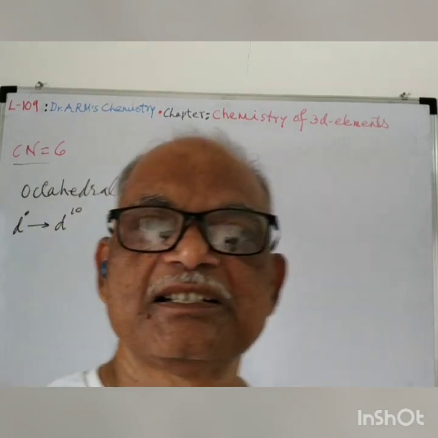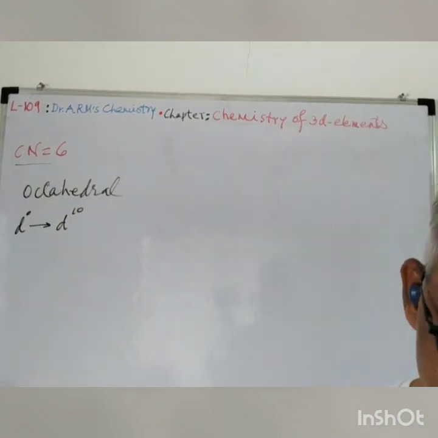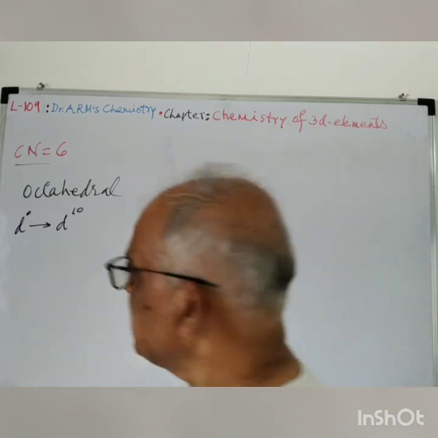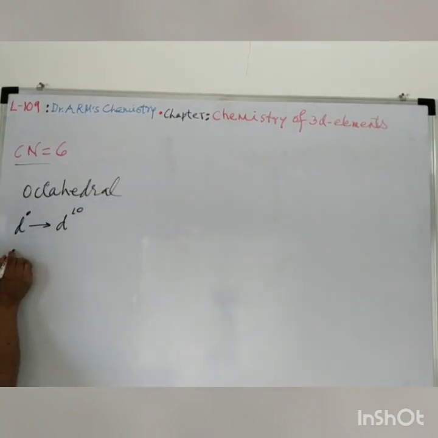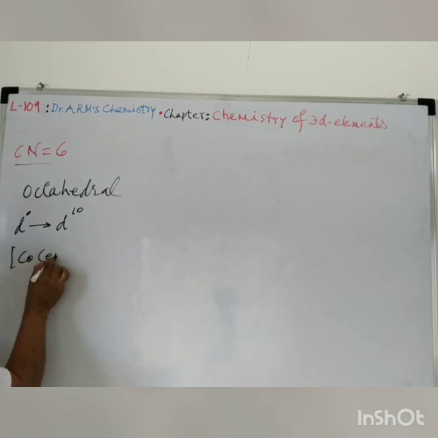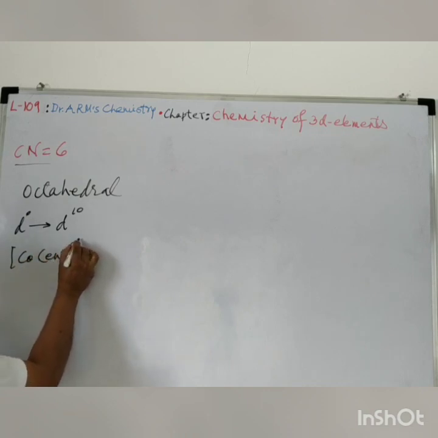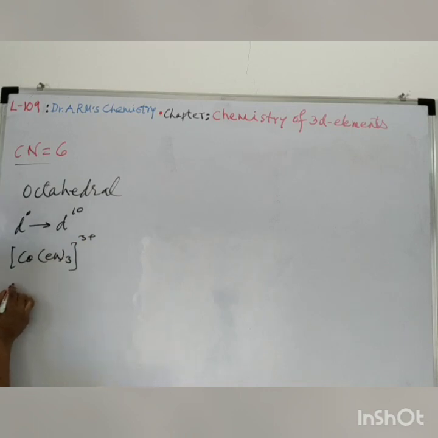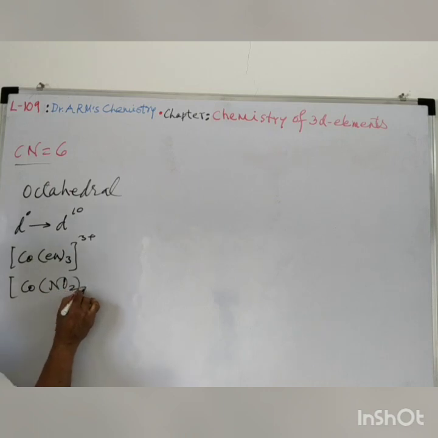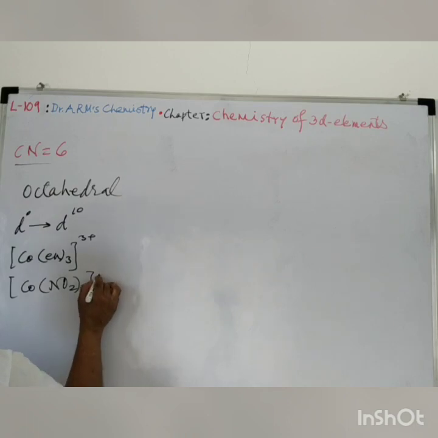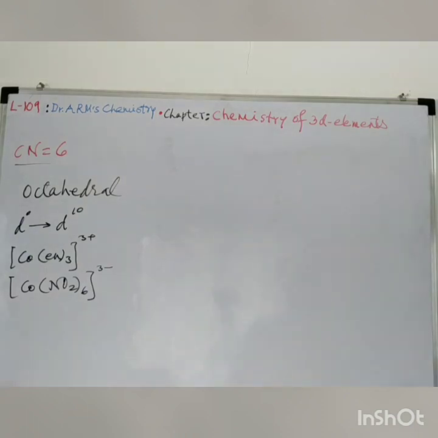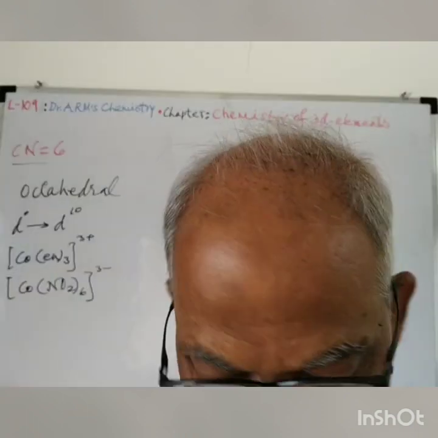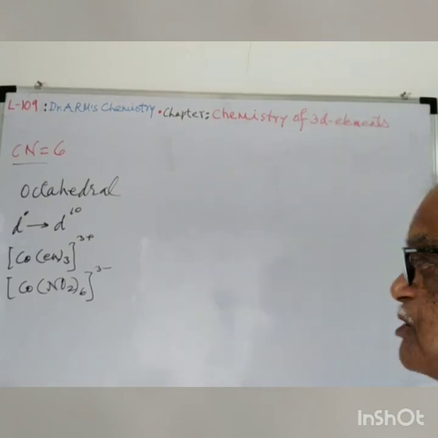So most of the transition elements give this geometry. Some simple examples are Co(NH3)6 3+ and Co(NO2)6 3-. There are a large number of other examples also seen.